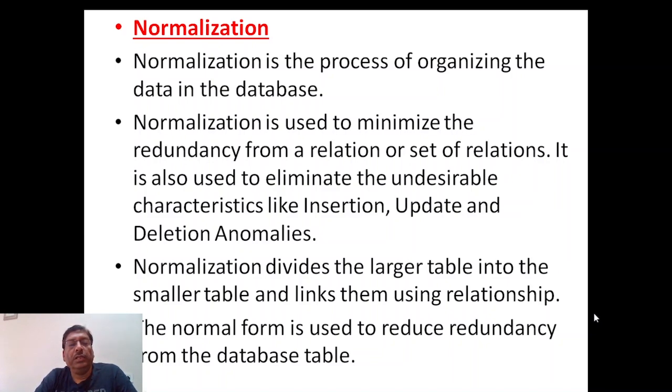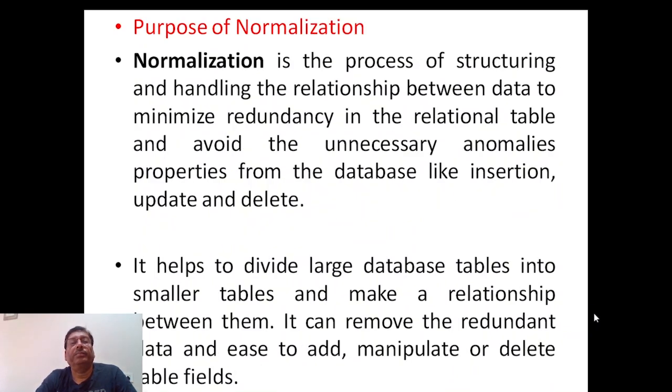When we go with the concept of normalization, we see that a larger table, in the sense a table having multiple attributes, can be divided into multiple smaller tables. And we can join these tables by making use of some relationship. The normal form is basically used to reduce the redundancy from the database.